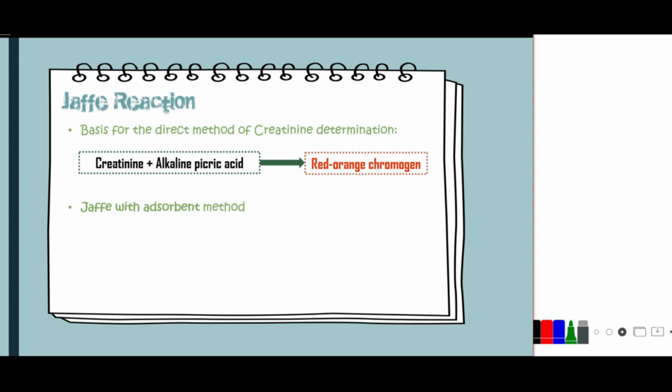Okay, and there are two types of reagents that we could use as an adsorbent for Jaffe reaction in order to increase the specificity of our direct method. So we have here your Fuller's Earth reagent and also your Lloyd's reagent. Fuller's Earth reagent is composed of your aluminum magnesium silicate.